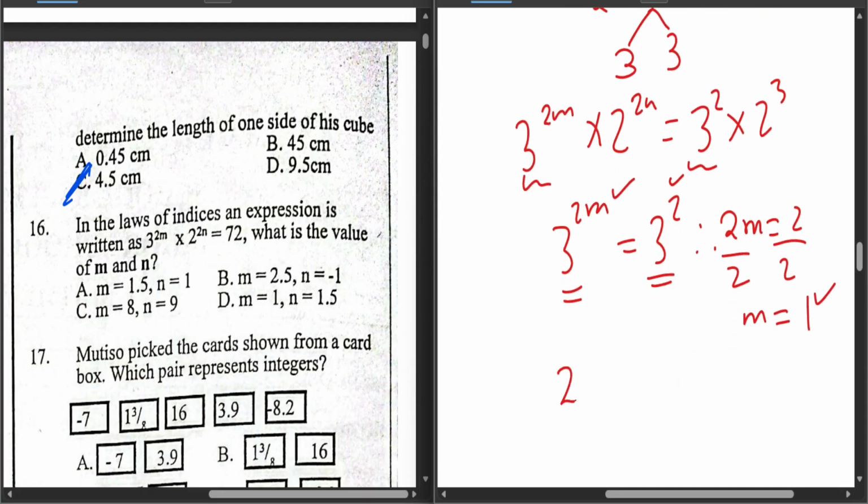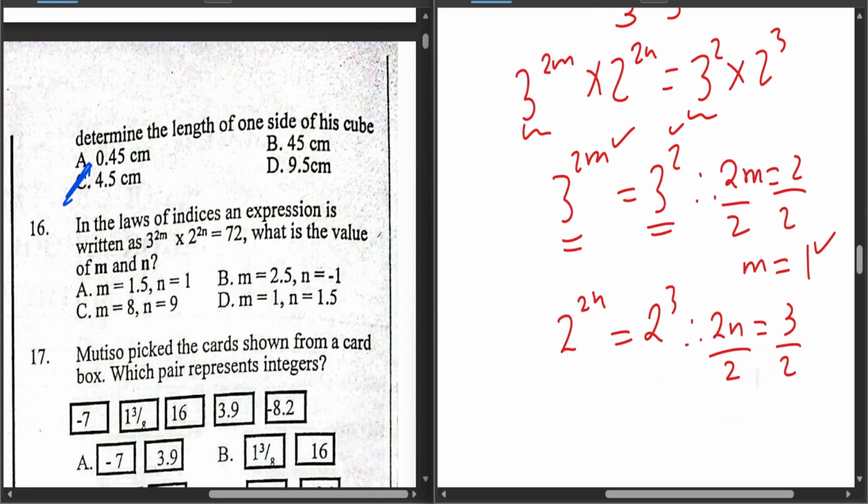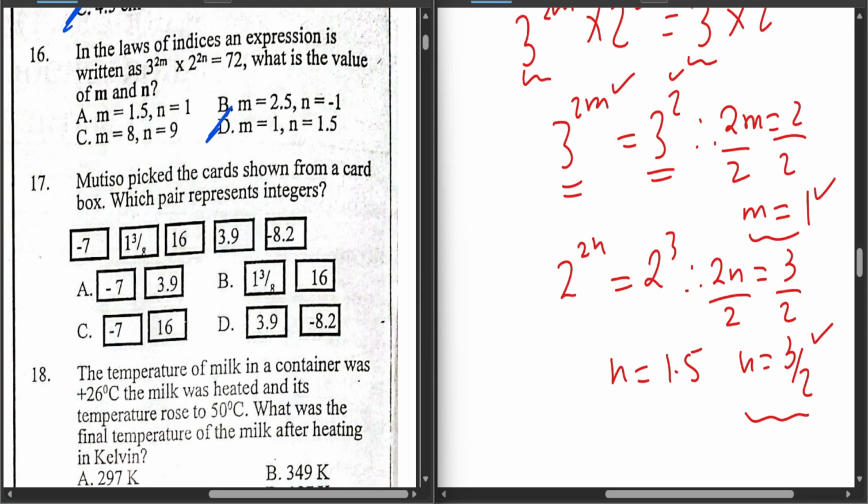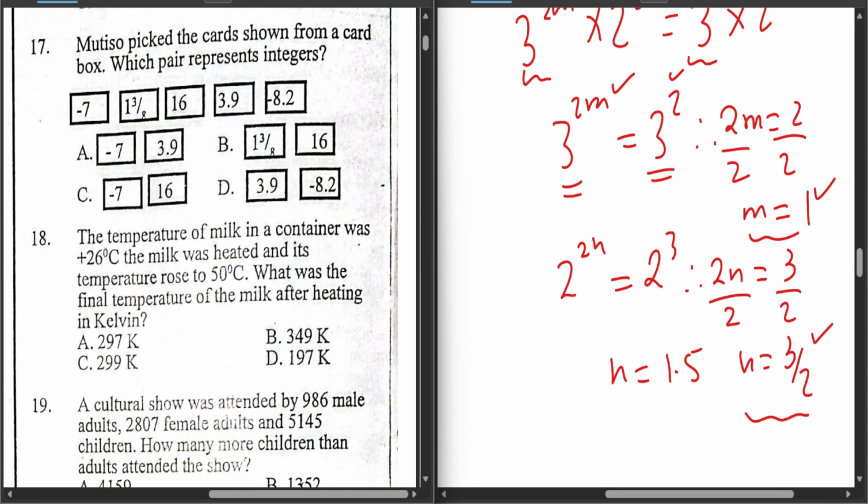The other one is 2 to the power of 2n, which is equal to 2 to the power of 3. We say that 2n is equal to 3, divided by 2. n is therefore equal to 3 over 2, or 1.5. Those are the values. So m is equal to 1, n is equal to 1.5. Good, correct. Now let's go to the other question, question 17.